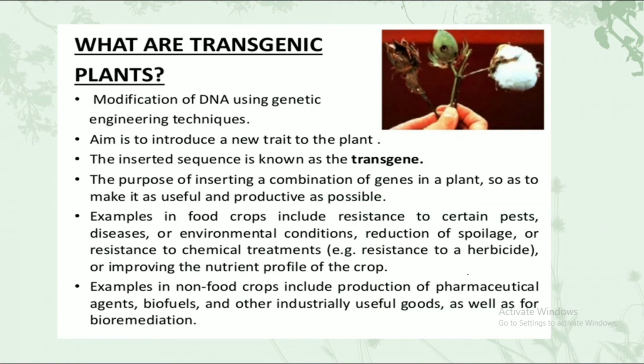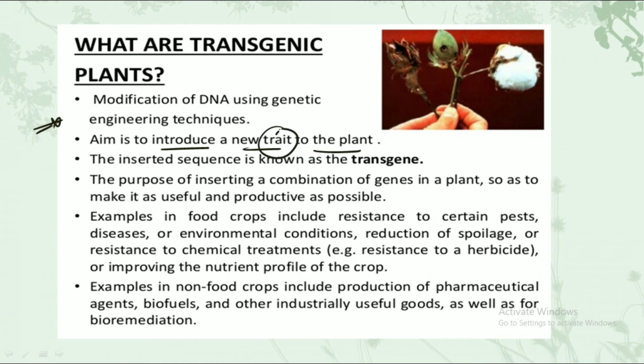Now let's understand what transgenic plants are at the first go. We'll be discussing both transgenic plants and transgenic animals. The first one is transgenic plants. We can say that transgenic plants are the modification of the DNA using genetic engineering techniques. The aim of transgenic plant formation is to introduce a new trait to the plant.